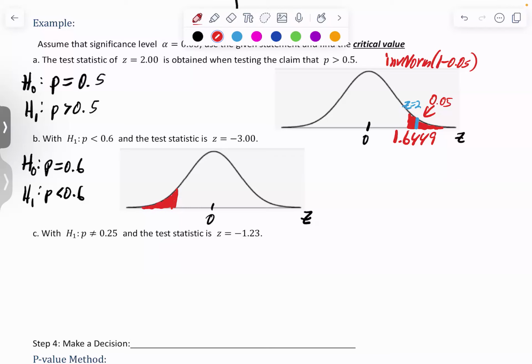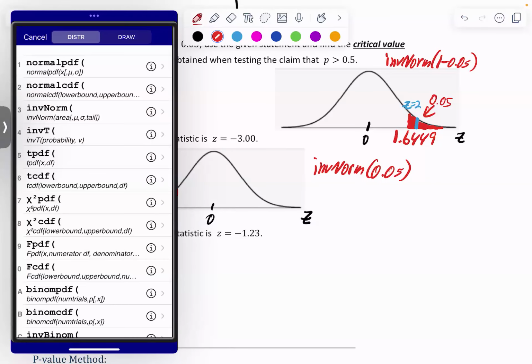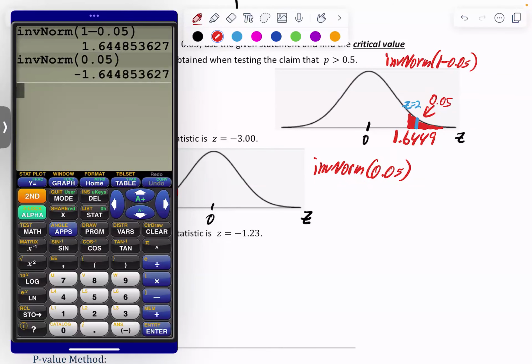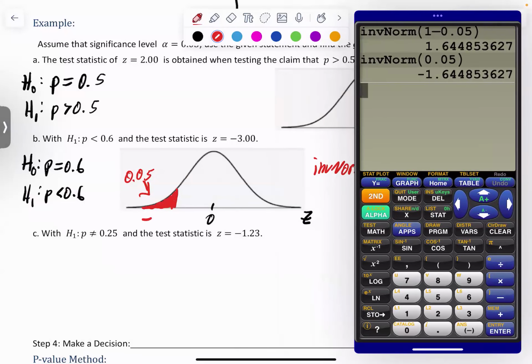And this area here is 0.05. Our critical value is going to be inverse norm. And this is just 0.05. Because again, it's area to the left. And this gives us negative 1.6449 on the left side. So the one above is positive. This one is negative.